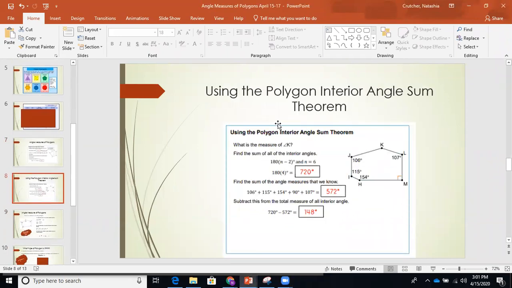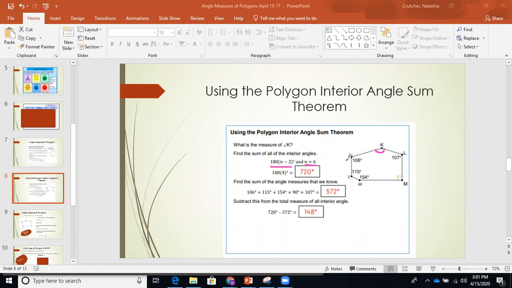Using the polygon interior angle sum theorem, what is the measure of angle K? This angle here. First we need to find the sum of all of the interior angles. We have 180 times n minus 2, which is our formula. n in this case is 6 because we have 6 sides.